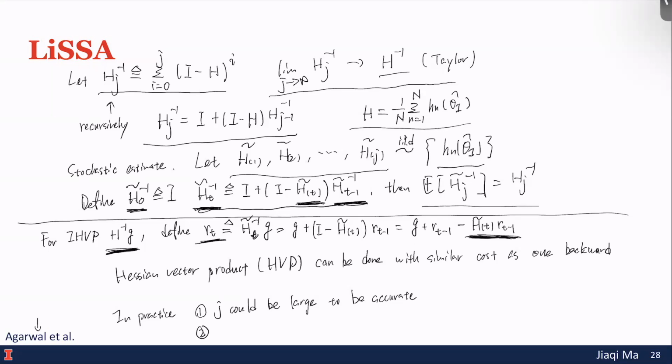The second limitation of this approach is that the whole process needs to be repeated for each new vector G. Because we didn't explicitly get the H_T, for each new vector G we essentially need to repeat most of this process.